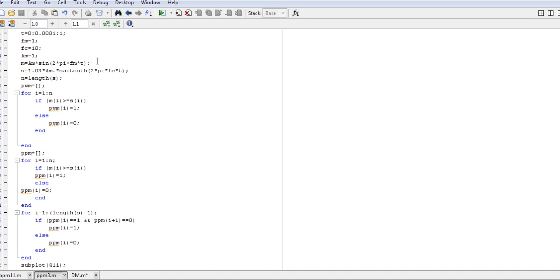The sawtooth function is used here. 1.03 into AM is taken so that the sawtooth signal is always larger than the baseband signal. N is a variable given to the length of S, the number of sample S outputs.